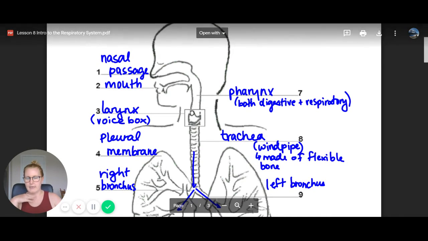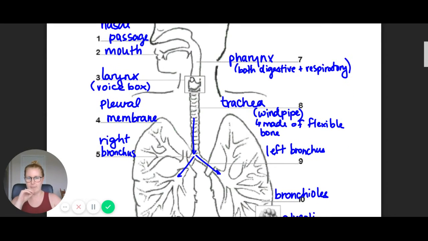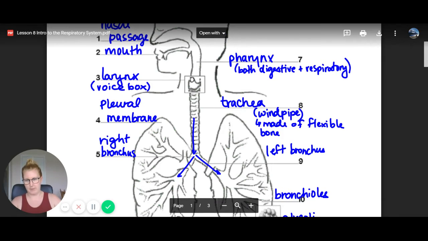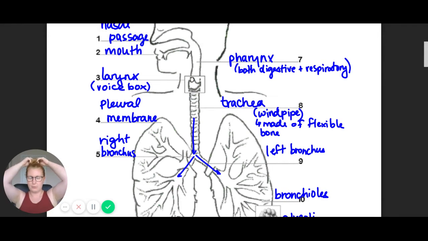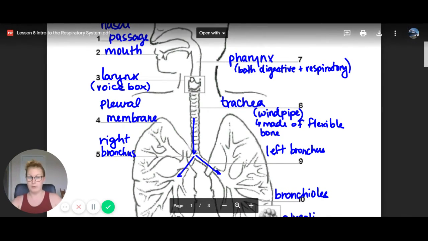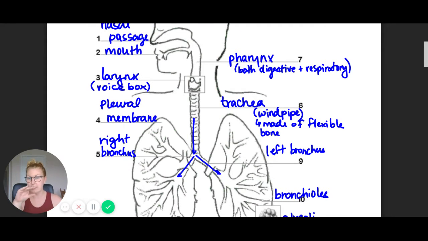Then we have the trachea. The trachea is a tube, but it's made of flexible bone called cartilage, and it's also sometimes called the windpipe, which is fine. The reason it's made of a flexible bone called cartilage is that it has some flexibility to it. So when we lie down, for example, we don't end up squishing it.